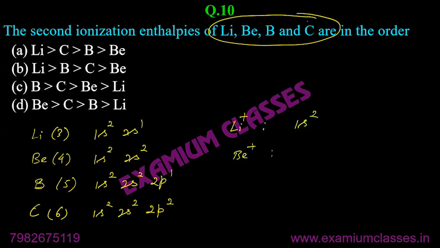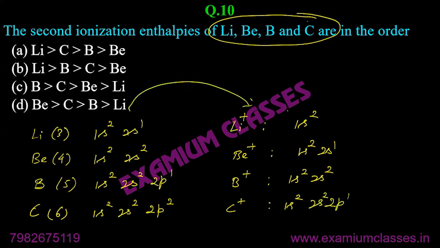Be+ will be 1s2, 2s1, and B+ will be 1s2, 2s2, and C+ will be 1s2, 2s2, 2p1. So this is first, and then it will lose another electron. Okay? That is the question.